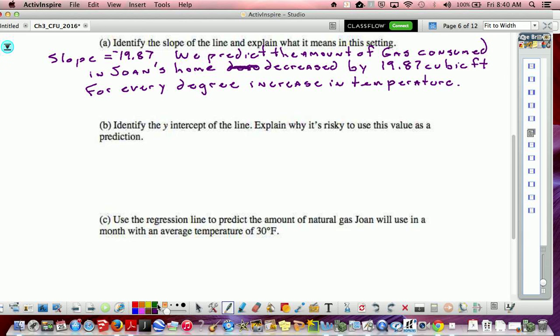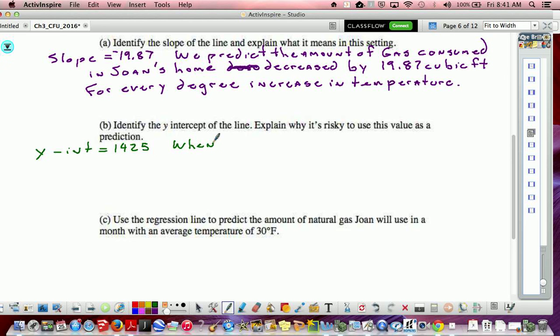So, sorry, it's a little frustrating. I'm actually hitting down here the color, and sometimes it's not registering. Just like to switch colors. So my y-intercept is the 1425. Okay, so what does this mean? Well, that's when x is 0. 0 is the temperature.